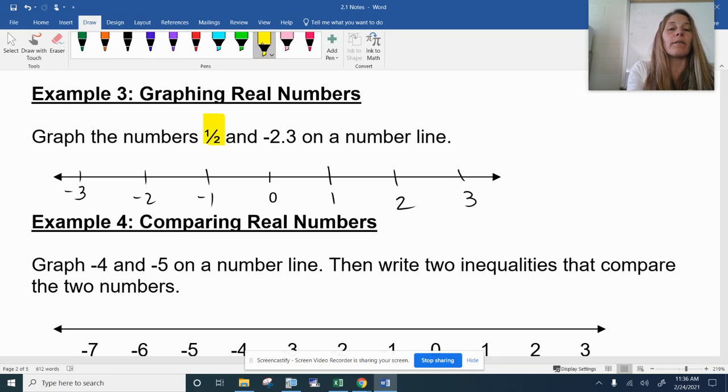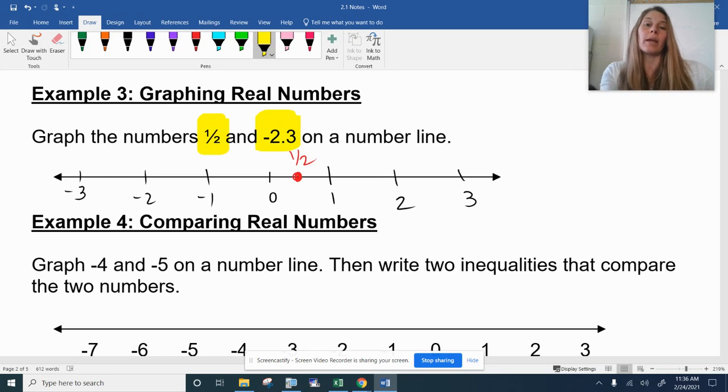So if I want to graph the 1/2, I would know that that's somewhere between 0 and 1 on the positive side. And I could graph that there. If I want to graph -2.3, I'm going to go on the negative side. I know from 0 to -1, then I go to -2, and -2.3 would be a little bit past the -2 on the real number line.